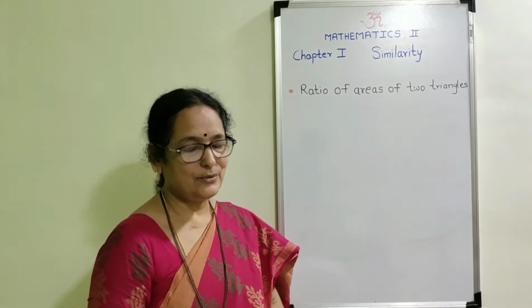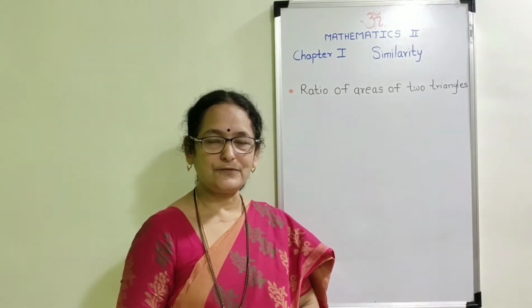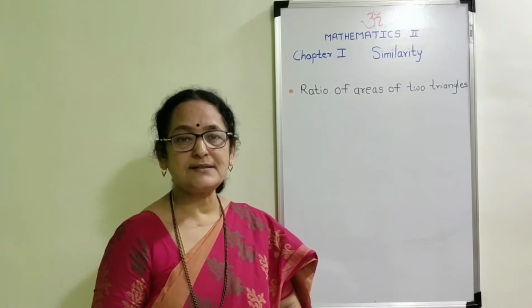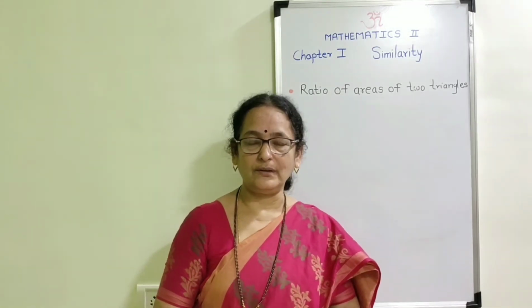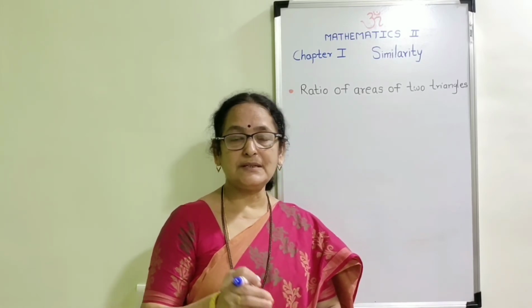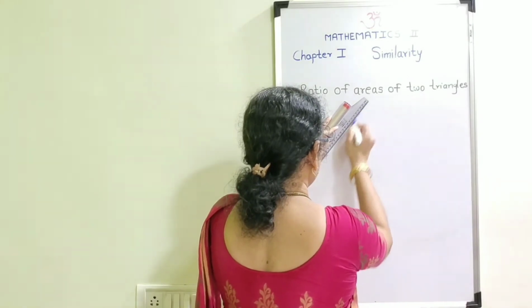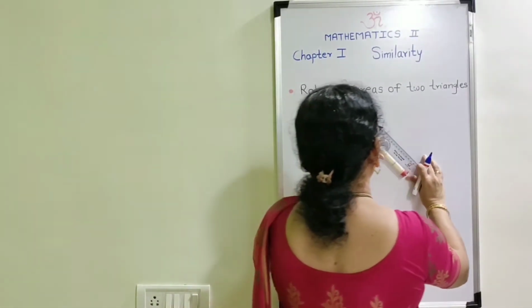Students, now we are going to learn the third property related with areas of two triangles. Now in this third property, we are going to learn that if in the given triangles, the base is common, I am going to draw the figure on blackboard. Observe the figure on blackboard.